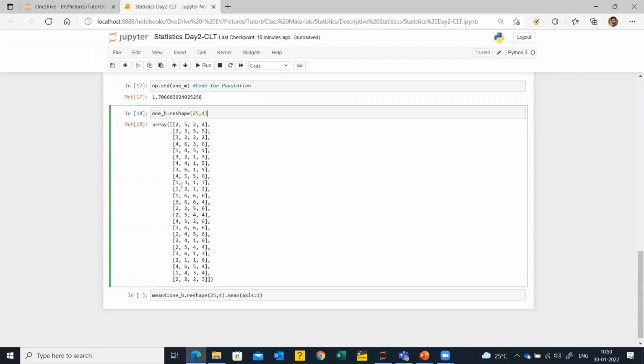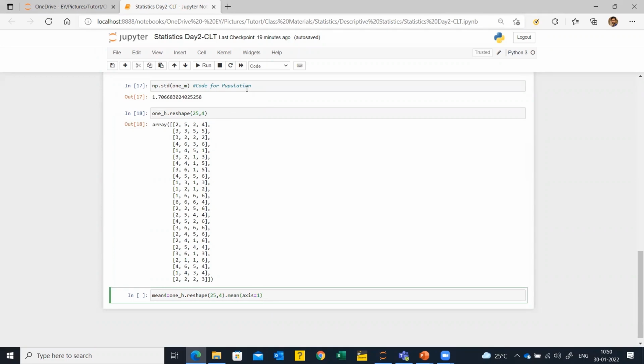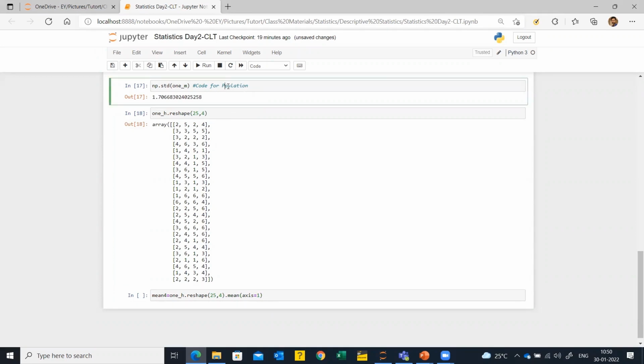But it's also very much required to understand the background of how the software calculates using different programming languages. That's why I wanted to show you this about the standard deviation of sample and population. I will confirm it, don't worry.